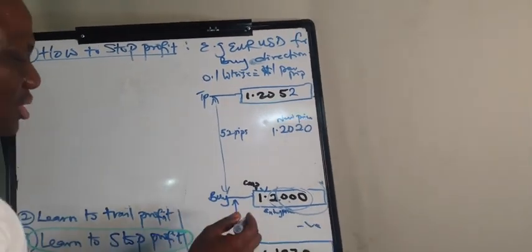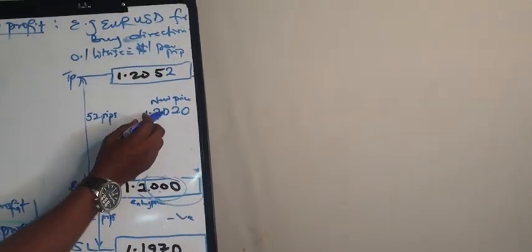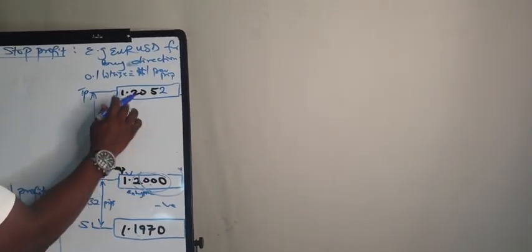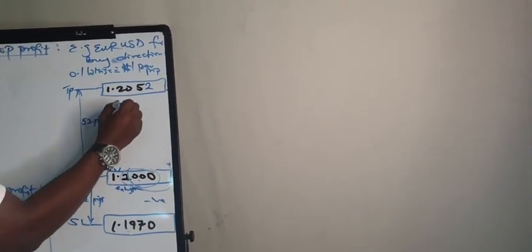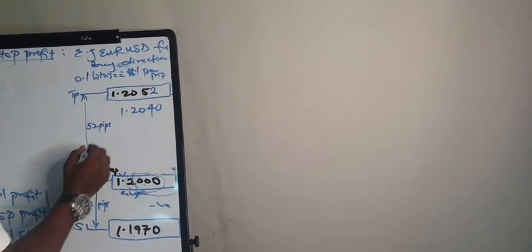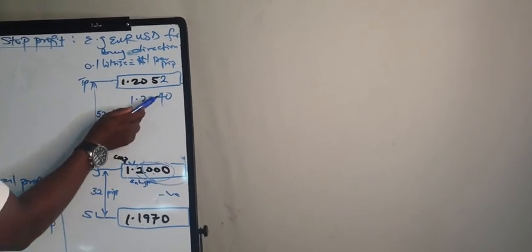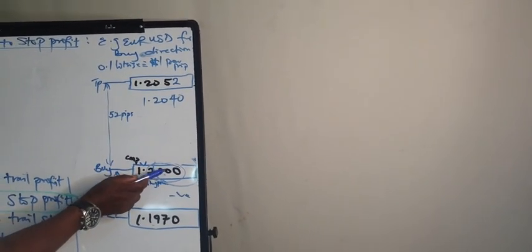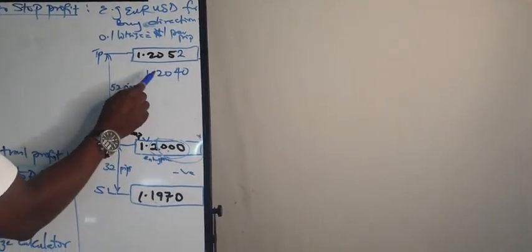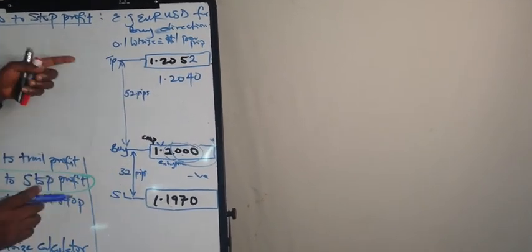For example, this price moved from 1.2000 to 1.2020. Now from 1.2020, don't forget it is going to this place. Before you knew it, it moved to 1.2040. Hope you understand. So you have from 1.2000 to 1.2040. Now at this level you can stop profit.